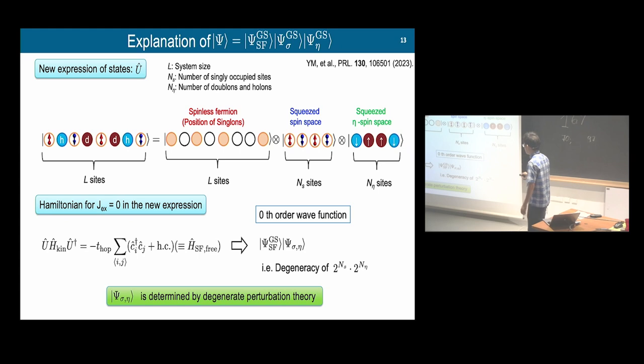At this level, the ground state of this Hamiltonian can be factorized into the spinless fermion part and the random spin and eta spin part. So this means that there is a degeneracy of the spin and the eta spin degrees of freedom, but this degeneracy can be lifted if we consider the next order contribution.